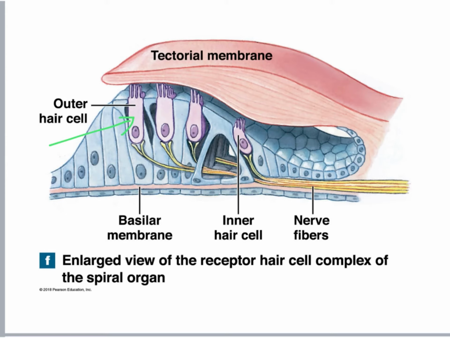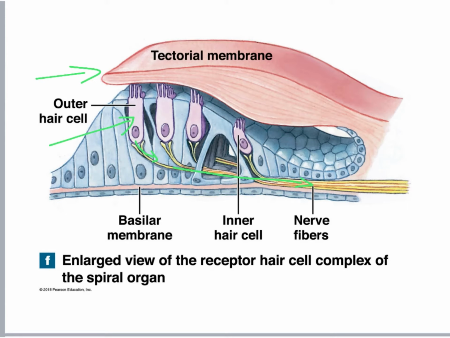And this wave leads to the vibration of the hair cells against the tectorial membrane. The vibration of these hair cells causes them to generate action potentials, which get transmitted down these axons and continue to the vestibulocochlear nerve, and that sends the information to specific regions of our brain, which interprets it as a specific sound.